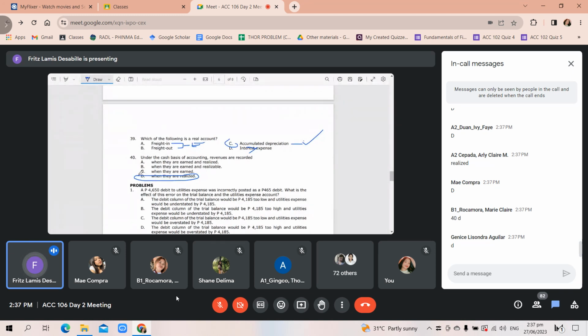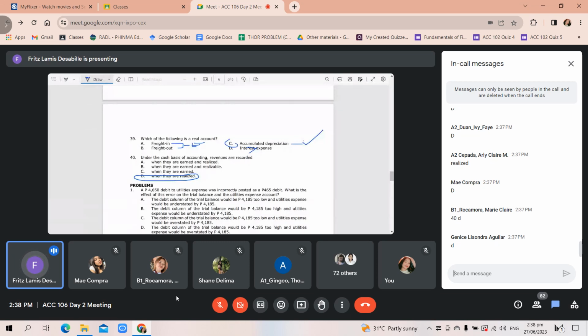Sir, what's the difference between earned and realized? Earned is you have already rendered service, but you have not yet been paid. Well, earned na because you rendered the service. So under the accrual method, that is already an income. Under accrual basis, revenue is recorded when it is earned, meaning you have already rendered the service or delivered the goods.